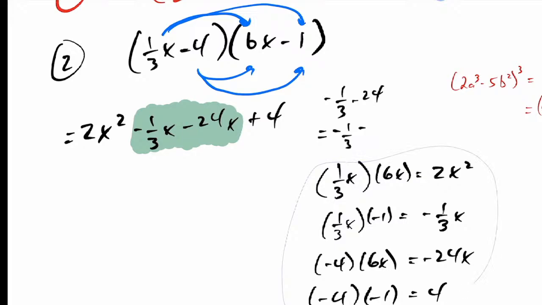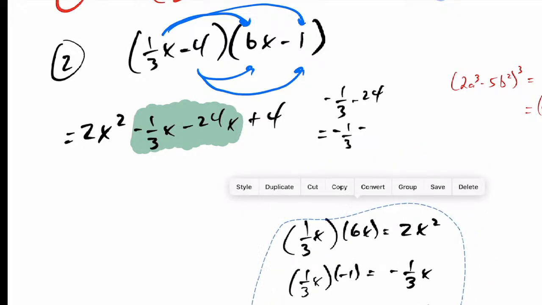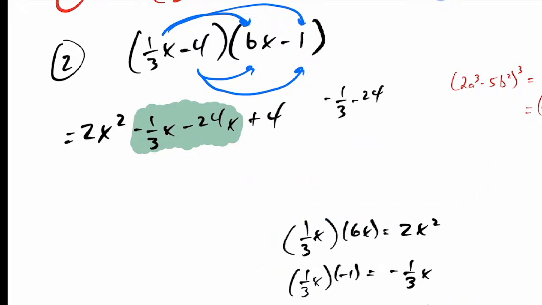Let me just make it so you can see this a bit better. All right, so this will be minus 1/3. The numbers are a bit messy here, but this will be 60 and 12. So this will be minus 72. Minus 72 over 3. Do you see that step there?